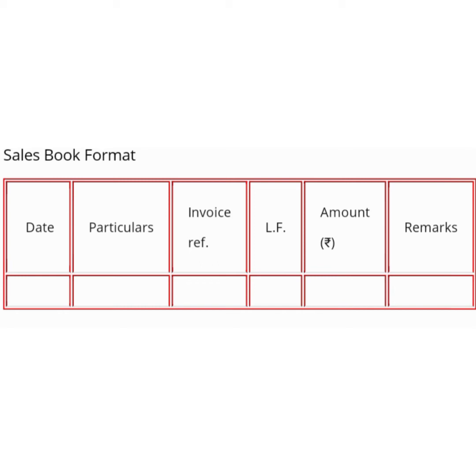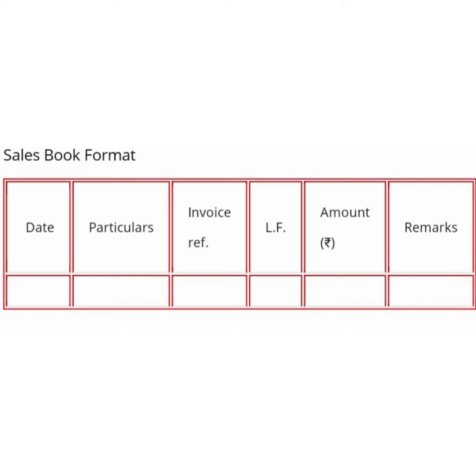Date column is the first column of the sales book. It records the date of actual credit sales. Invoice number is the statement sent by us to the customer containing details of goods sold and dispatched. Its number is mentioned in the sales book so that necessary information regarding sales may be obtained whenever required.